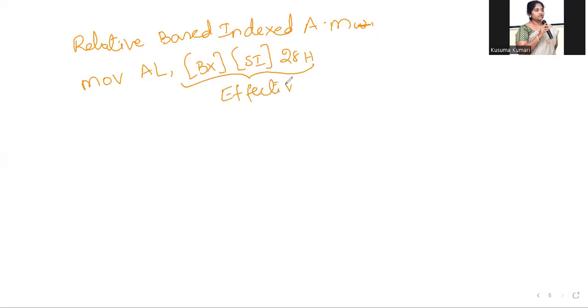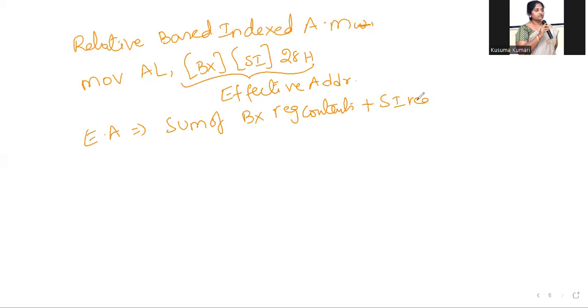The effective address can be calculated as the sum of the BX register contents plus the SI register contents plus 28 hexa.